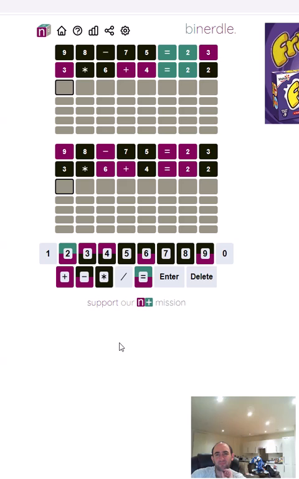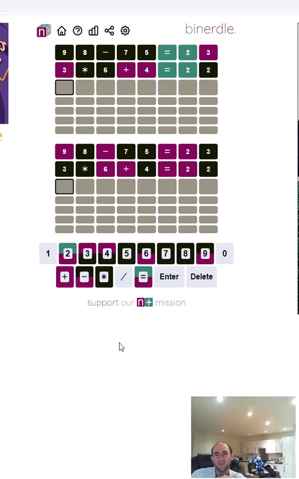Interesting. So if the top one, is it just going to be 13 plus 11 equals 24? I don't really want to try that because that's way too many duplicated ones. So the bottom one, we can only use 1, 2, 6, 9 and 0.